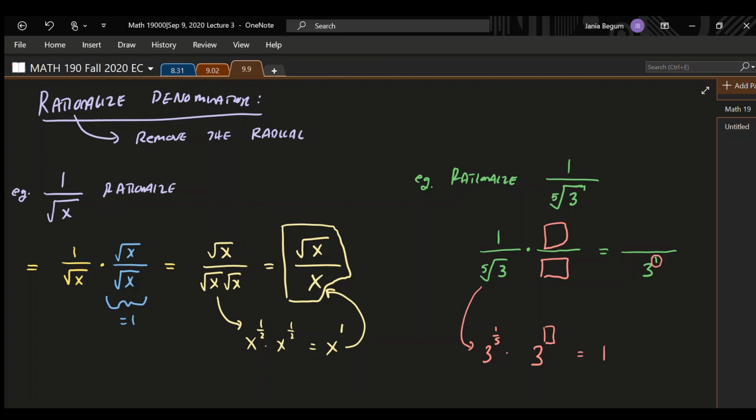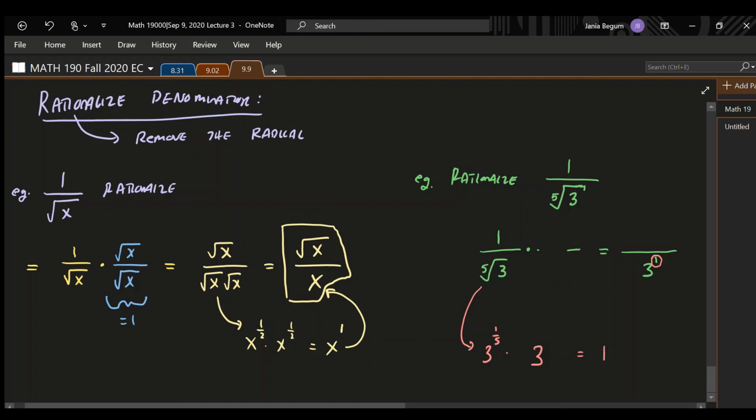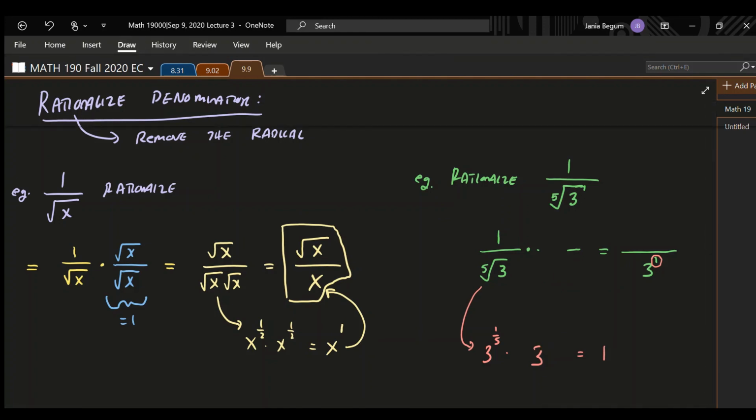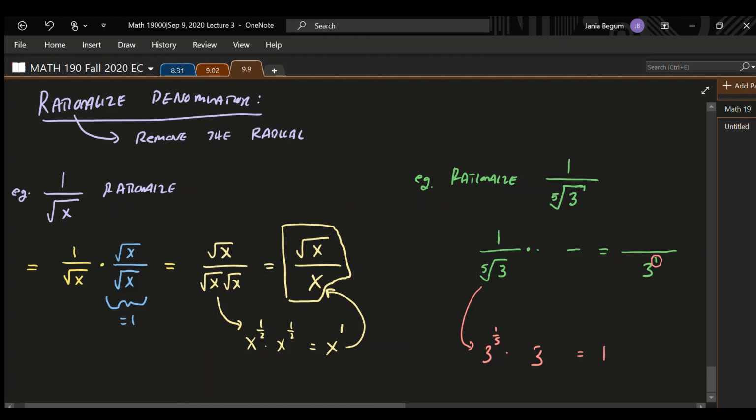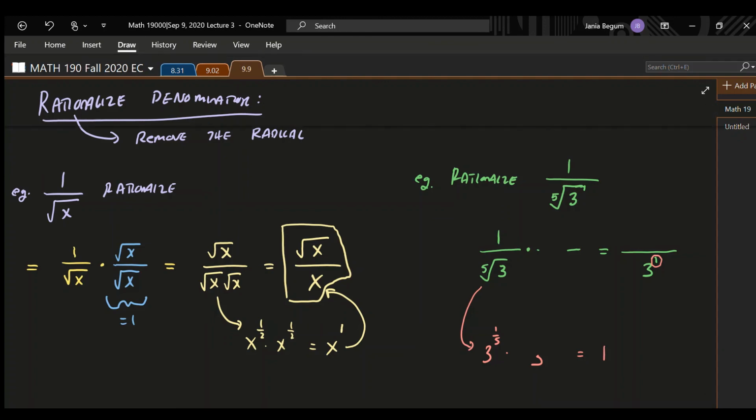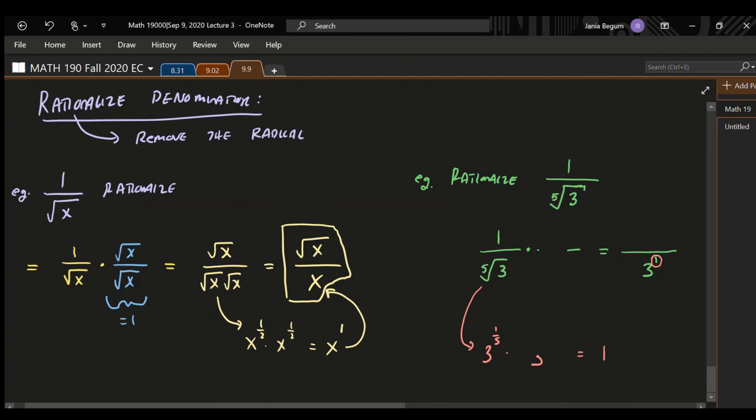So 4/5, okay, looks reasonable, right? Let's see. So check this out. I'm going to get rid of these boxes. So we know if we use the exponent 3 to the 4/5, when I add the exponents, I have 3 to the 1. So the magical 1 that goes here is going to be 3 to the 4/5.